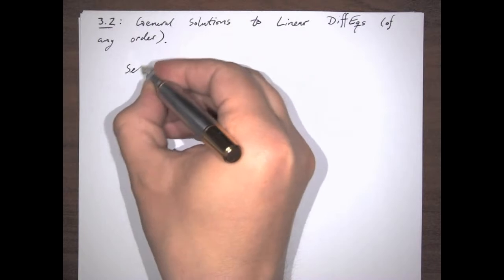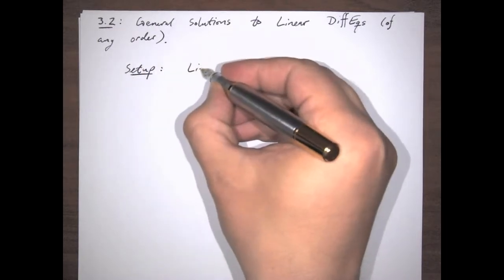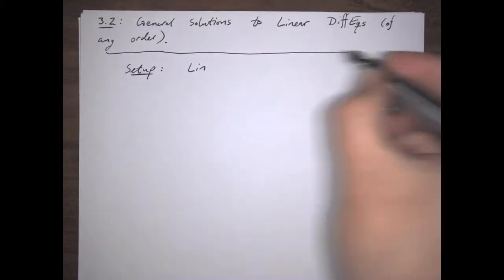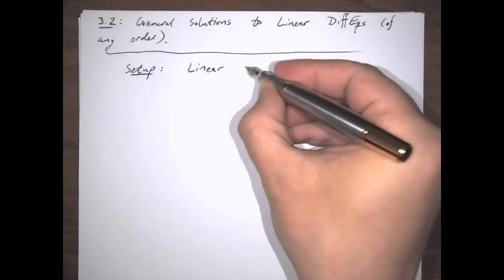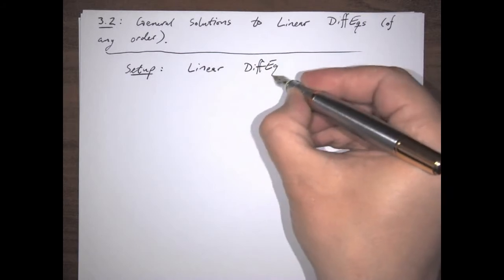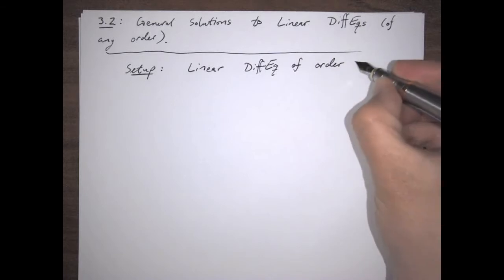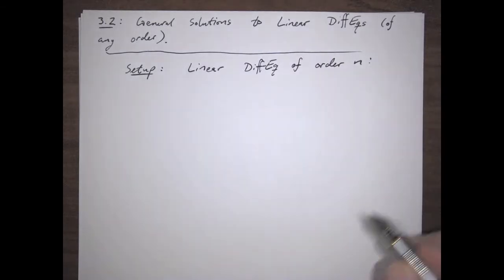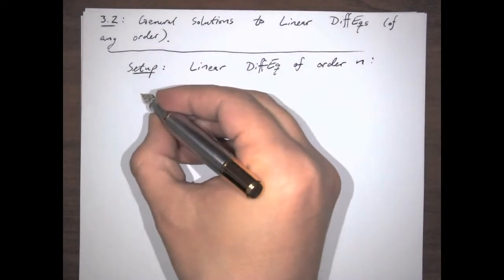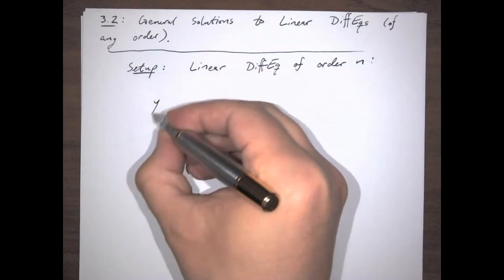So here's our setup. A linear differential equation of order n. So what that means is we have derivatives up to the nth derivative of y.